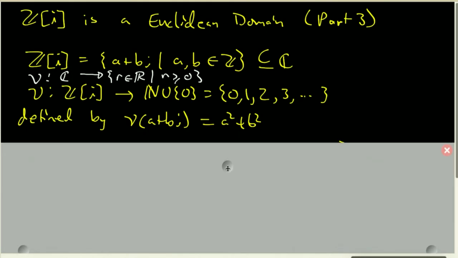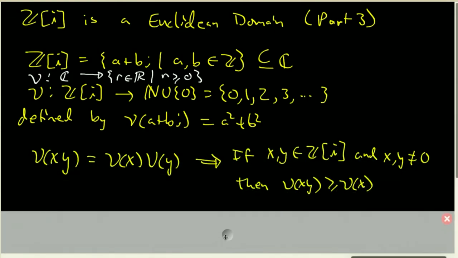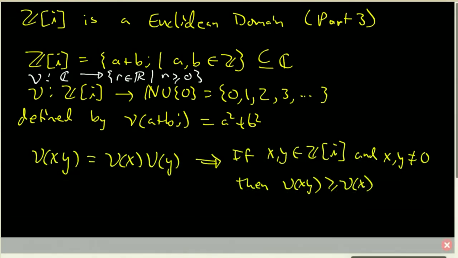We have also, in the first video, proved that nu of a product is actually equal to the product of the nu's. In other words, nu of x times y is nu of x times nu of y. And if we have Gaussian integers, this particular equation will imply this particular property.